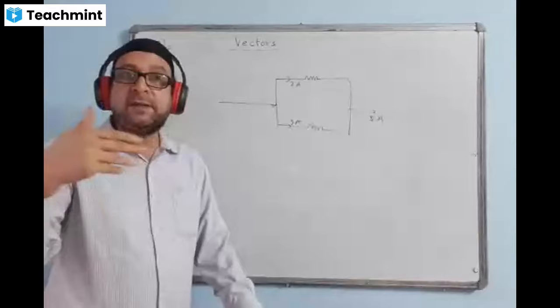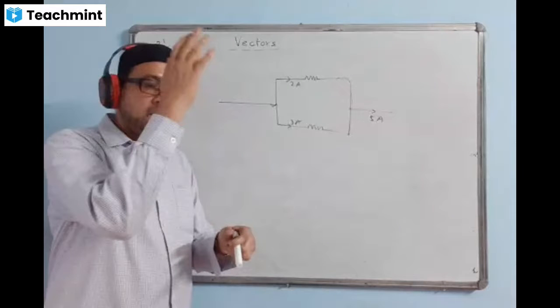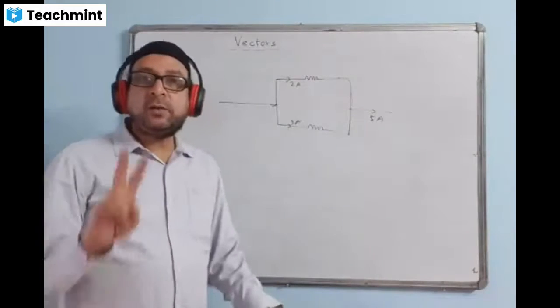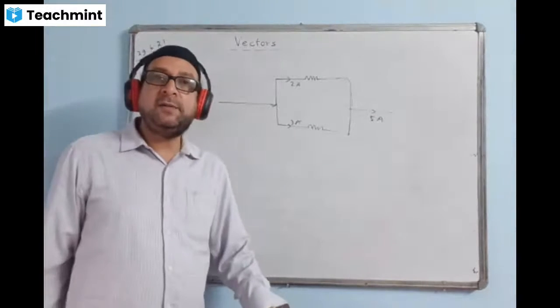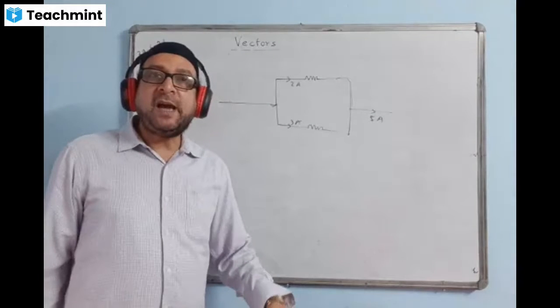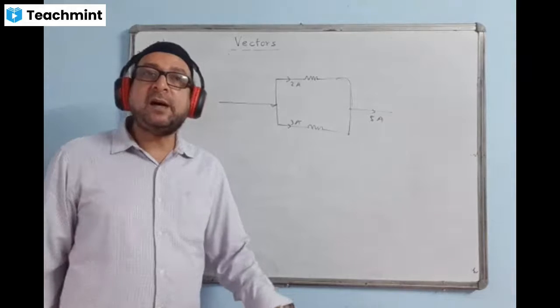Irrespective of direction, right side, left side, upward, downward, total pressure will simply add. So there are two such quantities in physics which have magnitude and direction, yet they are scalar.